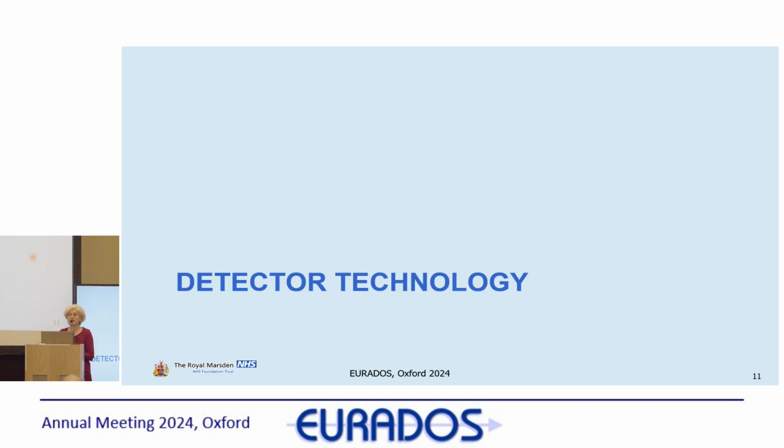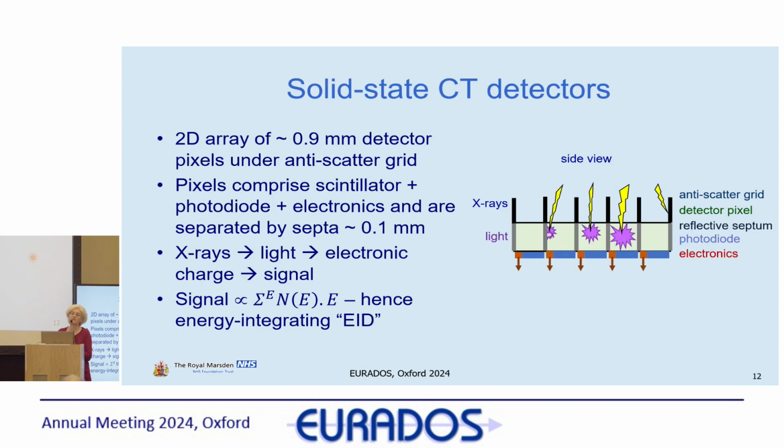Okay, let's move on to the detector technology. And I just want to do a quick review of what the current CT detector looks like. It's a two-dimensional array, typically with 0.9 millimeter detector pixels under an anti-scatter grid. The pixels comprise a scintillator, which collects the light produced by the X-ray interactions.